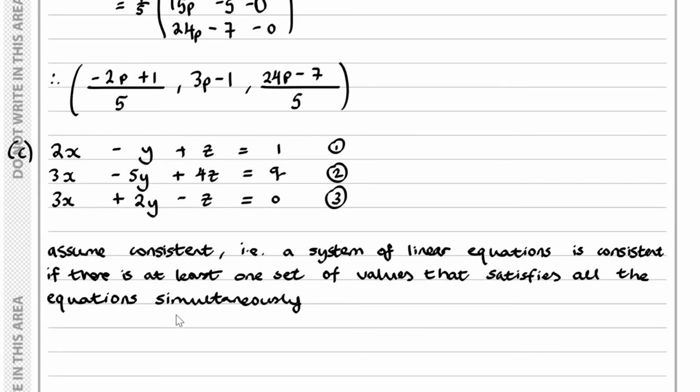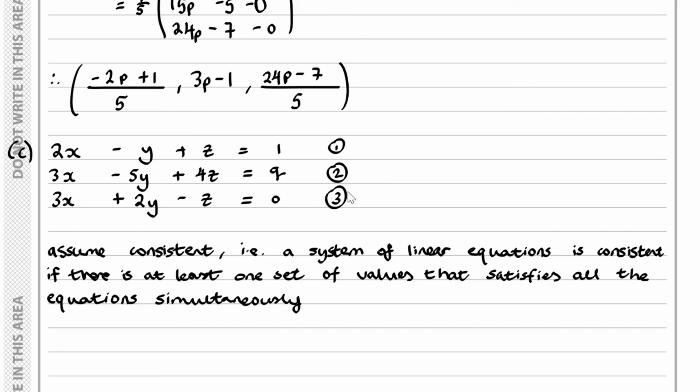So far I've written down the equations, labelled 1 to 3. For this question we have to assume some sort of consistency. In other words, a system of linear equations is consistent if there is at least one set of values that satisfies all the equations simultaneously.